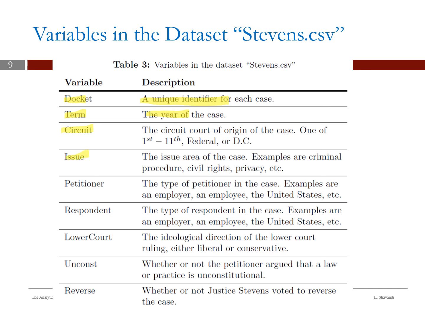Then the issue, and also the petitioner and the respondent, the lower court's ideological direction, whether it's unconstitutional or not, and the outcome or dependent variable, reverse. Value 1 would be to reverse, and value 0 would be to affirm the decision made by the lower court.